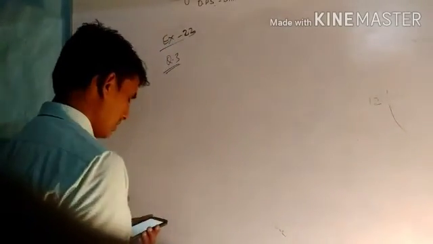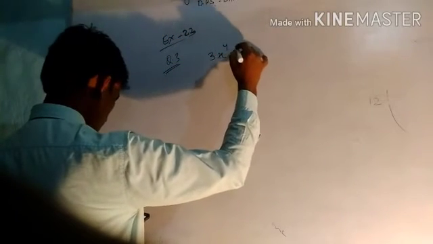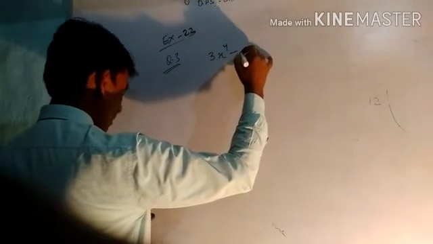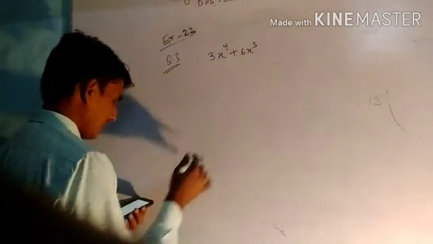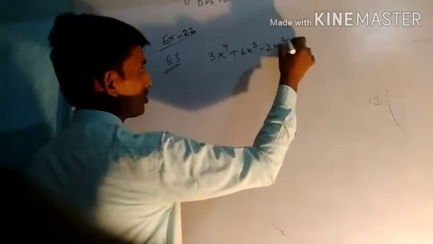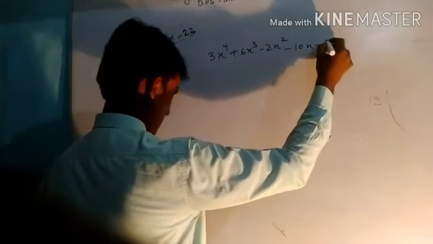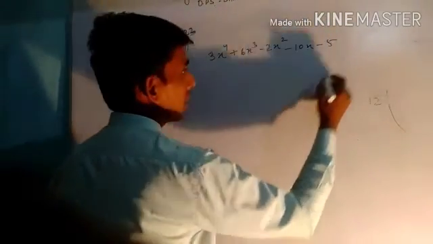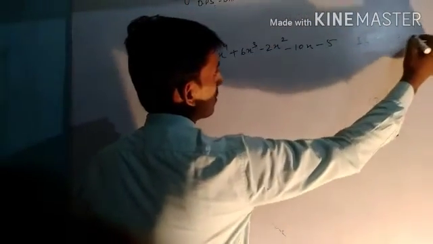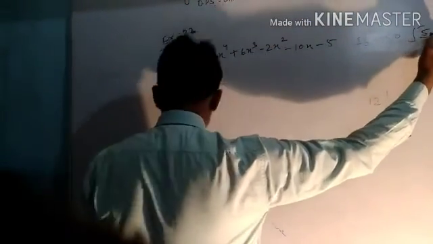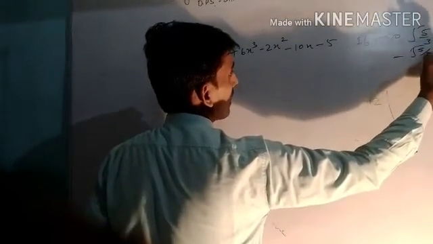Obtain all the zeros of 3x to the power 4 plus 6x cube minus 2x square minus 10x minus 5 if two zeros are root 5 by 3 and minus root 5 by 3.